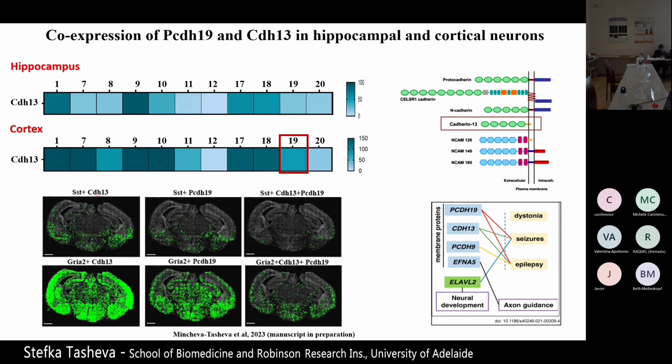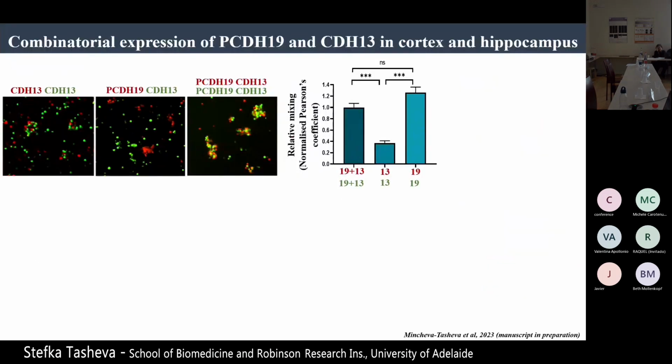We found it so interesting in terms of the disease, because we found a publication that was published in 2019, which described that PCDH19, as well as PCDH9 and cadherin 13, are involved in seizure and epilepsy. So there could be a potential link to PCDH19 clustering epilepsy. So again, we evaluated what could be the role of PCDH19 in this combinatorial adhesion code.